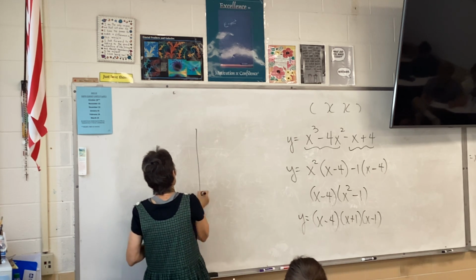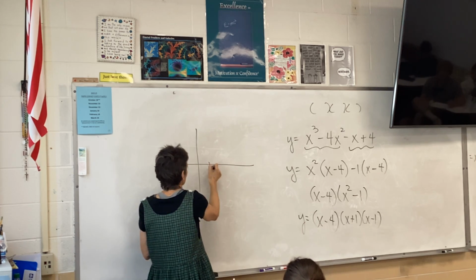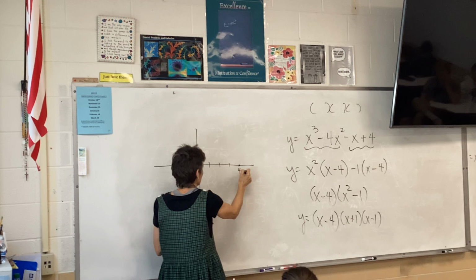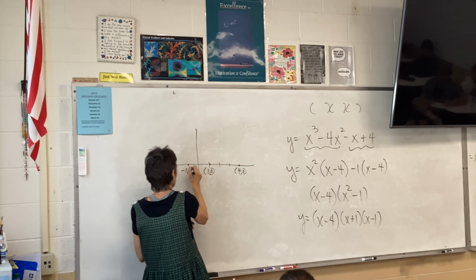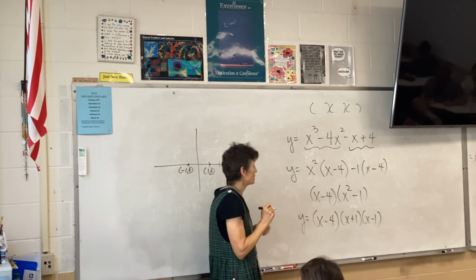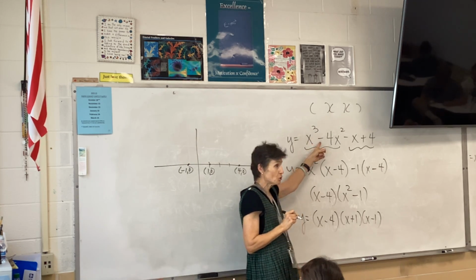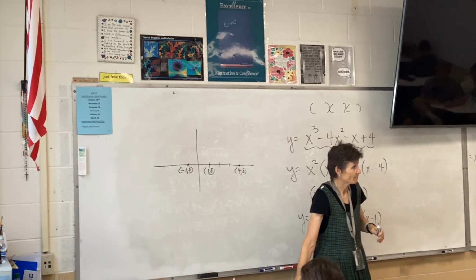Yes. So we will put x-intercepts at 4, 1, and -1. And then, this is an x cubed. How do x cubes always start?